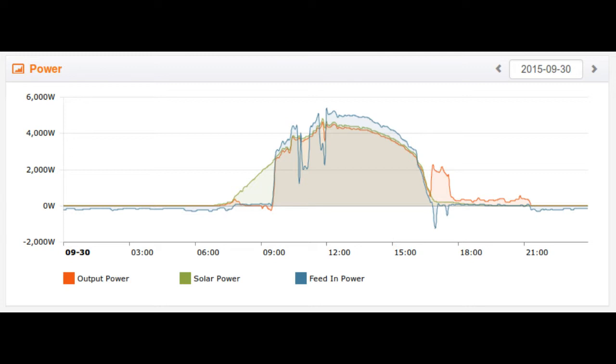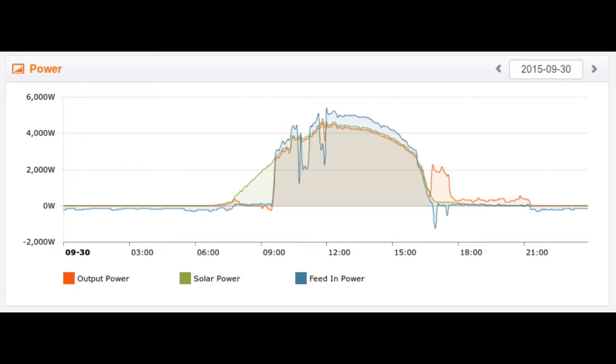And it only knows about how much solar power it has available and how much power it's converting to AC, but it measures the total amount being fed back to the grid. So the amount that's being fed back to the grid includes what it's feeding to the grid as well as what the other inverter's feeding to the grid, which is why the blue line goes above the green line and the red line.